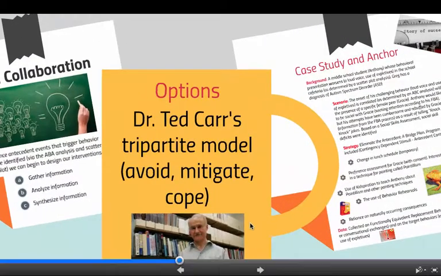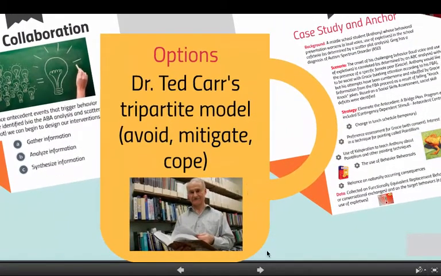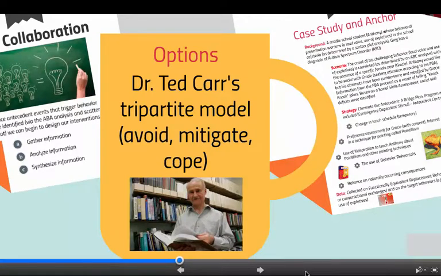One of the things that I've done previously is to introduce you to Dr. Ted Carr. I mentioned previously that he's somebody that I have a tremendous amount of respect for, a great researcher, great interventionist, a great psychologist. And one of the things that he taught me a long time ago was about what he referred to as a tripartite model, a three-way model.